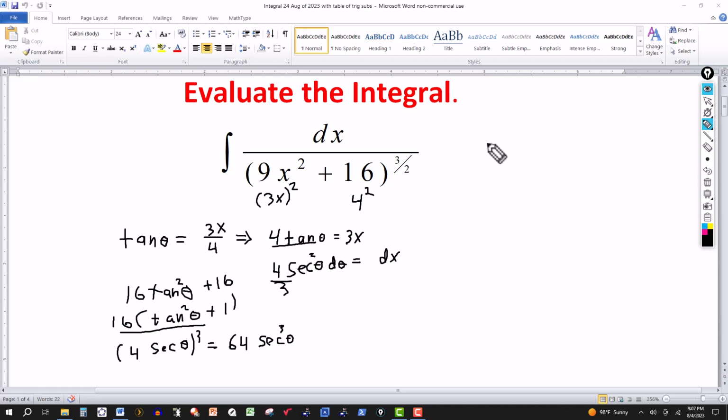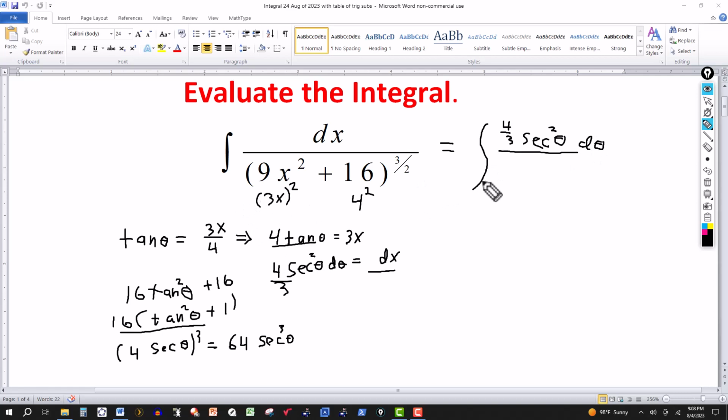Now let's go back up here. So dx is right here. So it's going to put the 4/3 up here. Dx is 4/3 secant squared theta d theta.